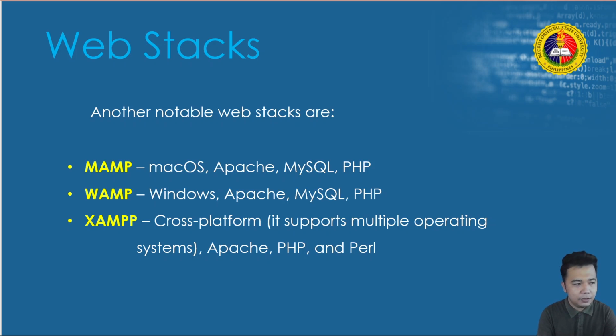WAMP, again, one of the web stacks that we've been using in NORSU Bais for quite a while now, stands for Windows, Apache, MySQL, and PHP. And lastly, we have XAMPP, where X stands for cross-platform, meaning it supports multiple operating systems. A stands for Apache, P stands for PHP, and Perl.